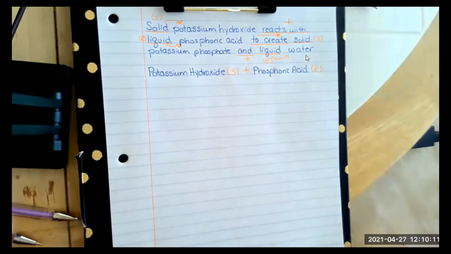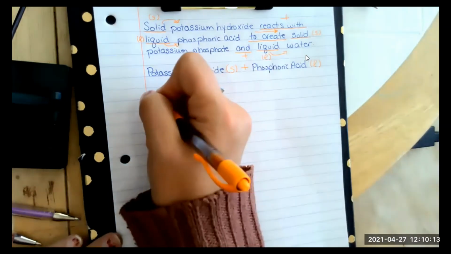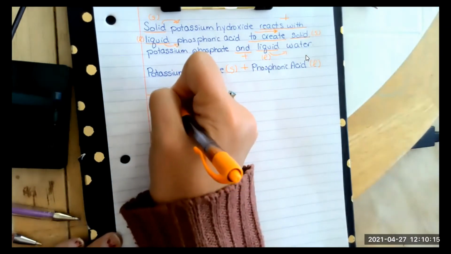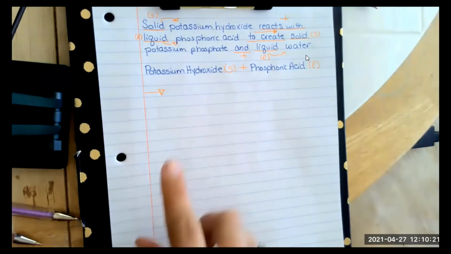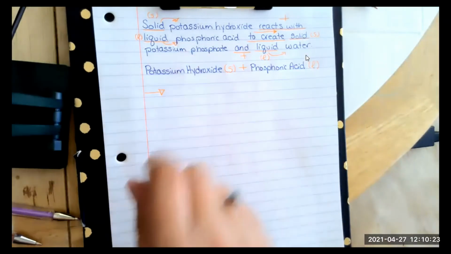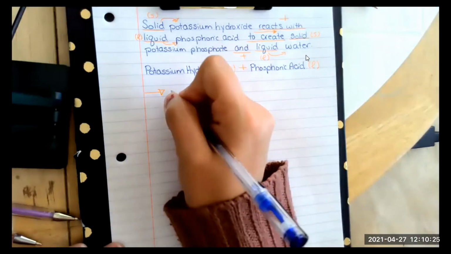If you are like me and you run out of room, you can put the arrow on the next line, because I have larger handwriting. If you have smaller handwriting, good for you. It says solid potassium phosphate. So now we have potassium phosphate.